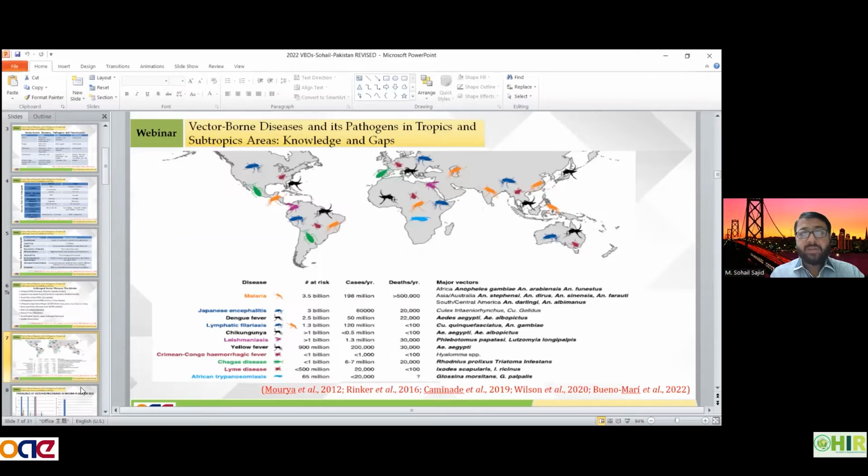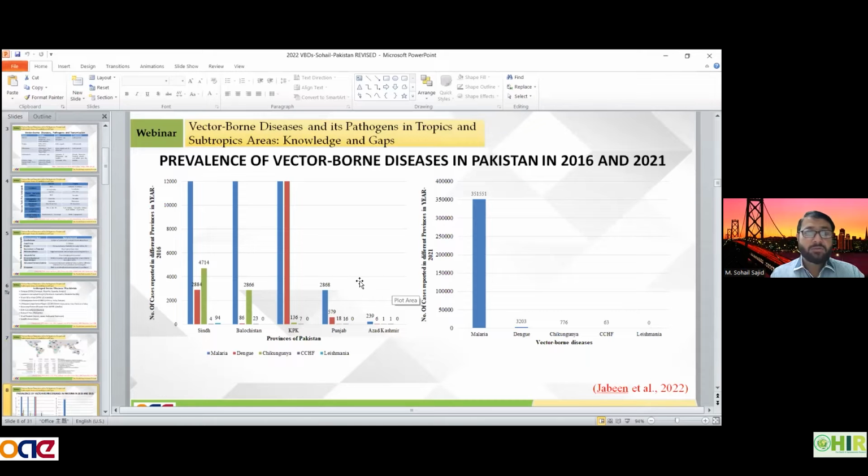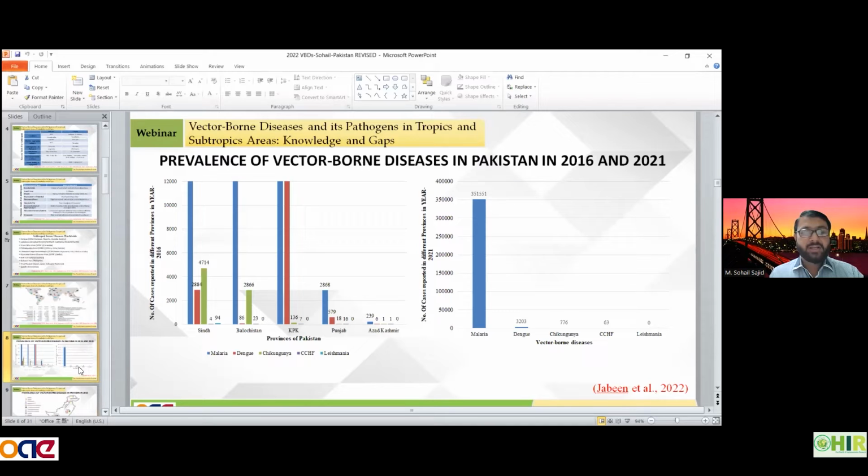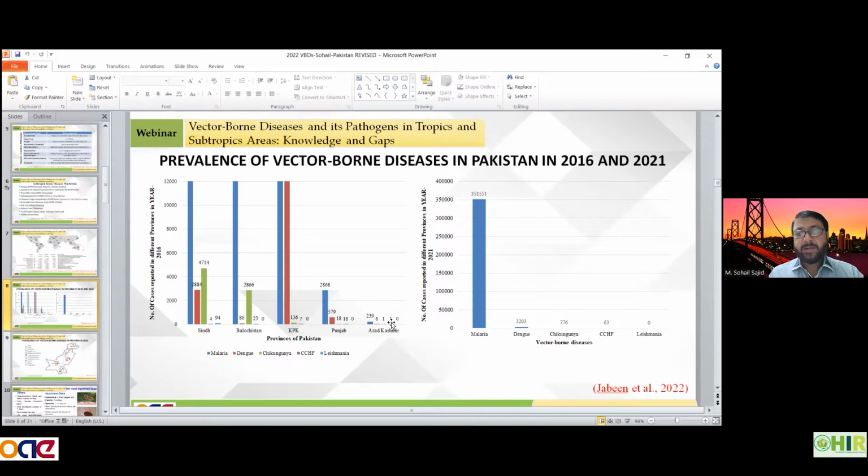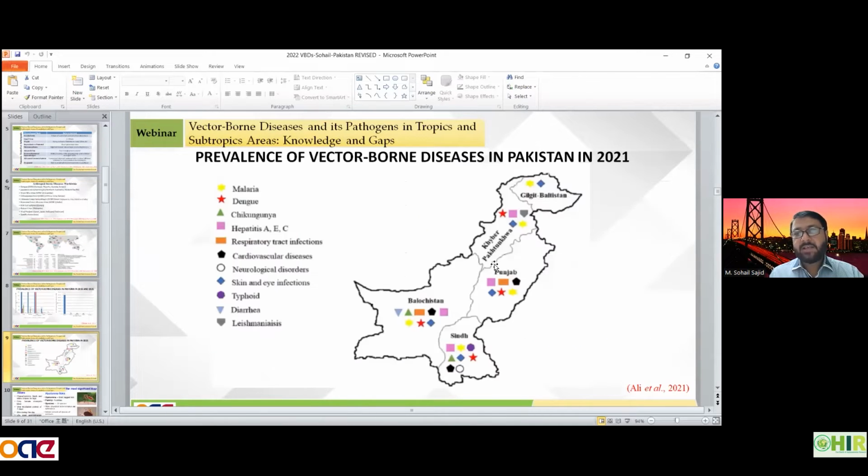And then coming down to Pakistan, we are also not capable of making it free from arthropods because of its geopolitical situation, and I should say the transboundary nature of the diseases. On the north side we have China, on the east we have India, on the west we have Afghanistan and Iran, and in the south we have the Arabian Sea.